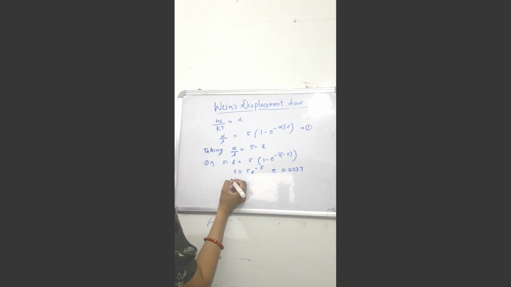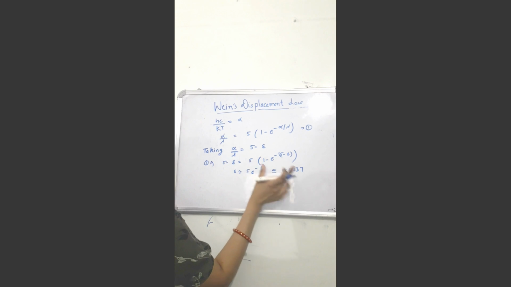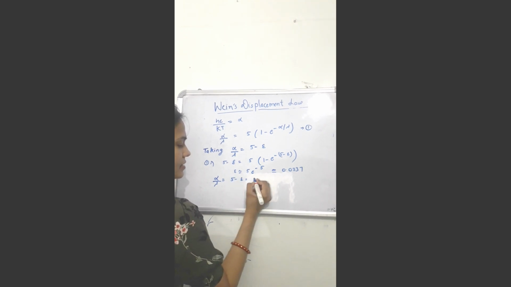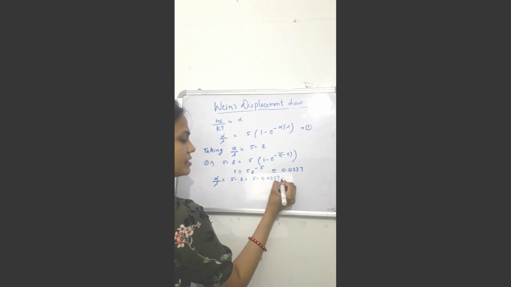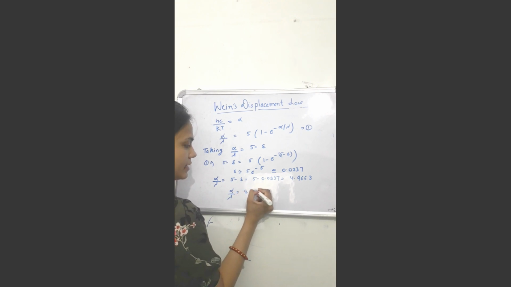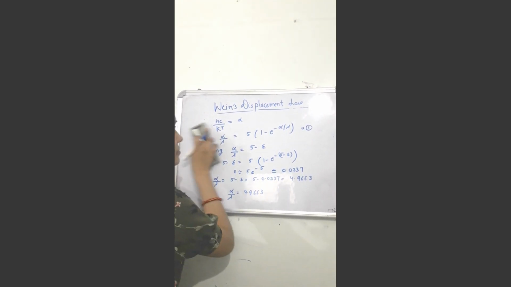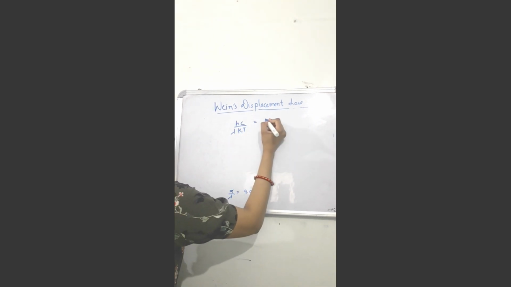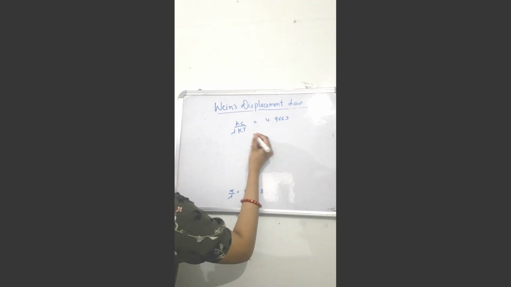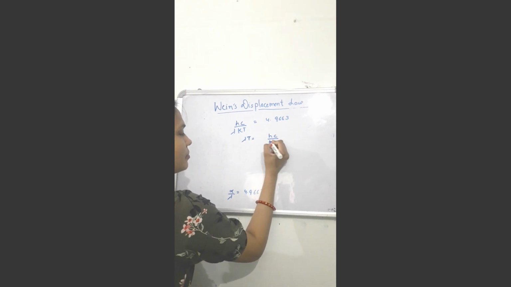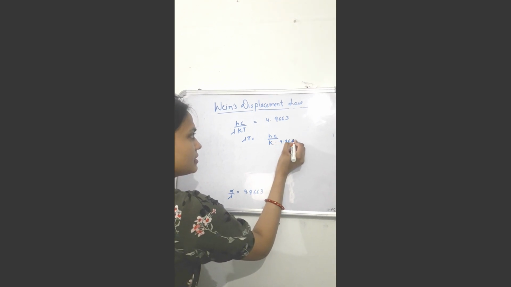So α/λ = 5 − ε, which equals 5 − 0.0337 = 4.9663. Since α = hc/kT, we can write λT = hc/(k × 4.9663).